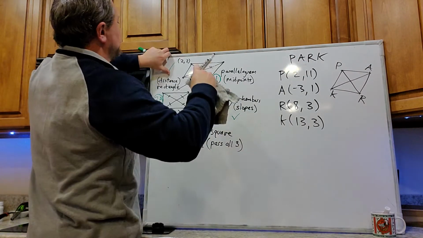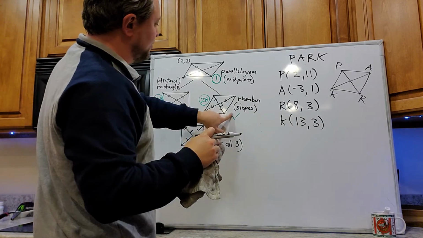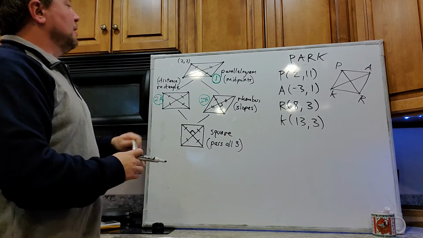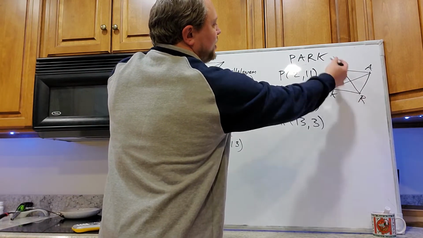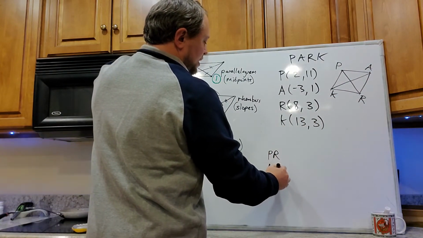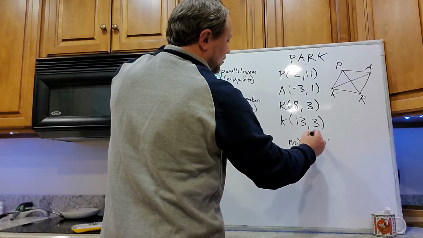I should get rid of these check marks. We don't know if it passes these yet, so that was from the last problem. All right, so we check our midpoints of the diagonals. Again, remember the diagonals are PR and AK. So PR and AK are the two we have to find the midpoints of.